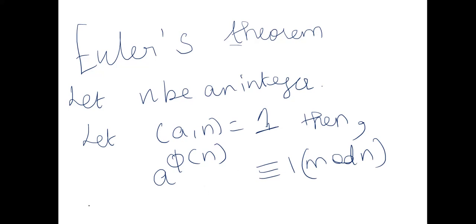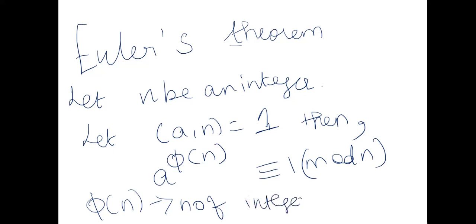So now what is phi of n? Phi of n is kind of a new term here, no? Phi of n is the number of integers less than n and relatively prime to n. So that is phi of n. For example, if my n is equal to 4, then all we have to do is count the number of integers less than n relatively prime to n.